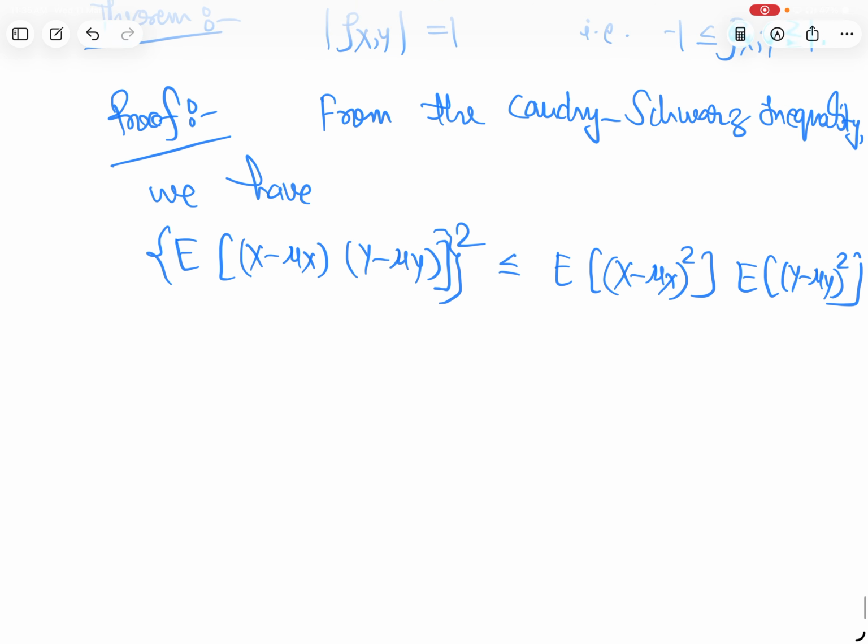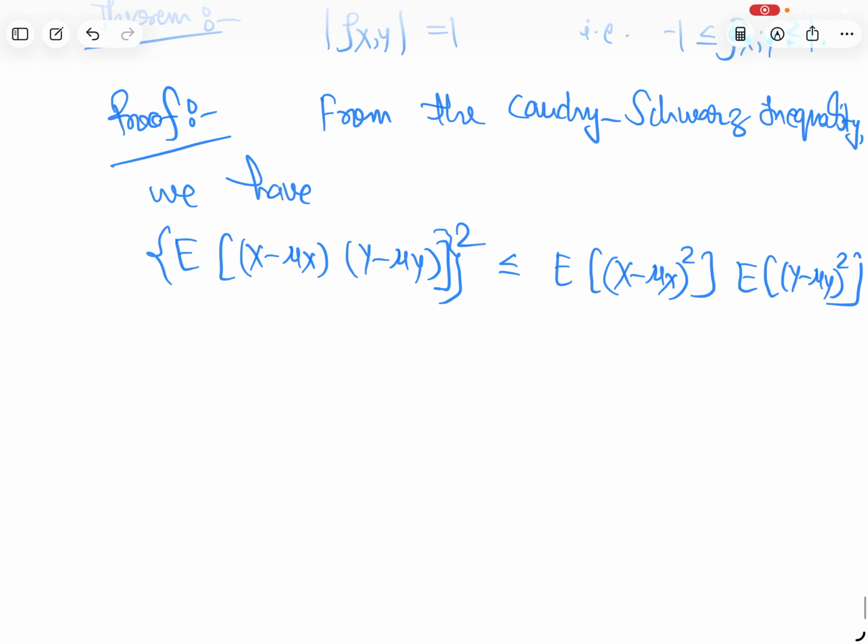So in proof of theorem, you write this way. This is less than or equal to 1. This is less than, you correct it. This is less than or equal to 1. Okay. So what we got? We got sigma xy square upon sigma x square sigma y square less than or equal to 1.